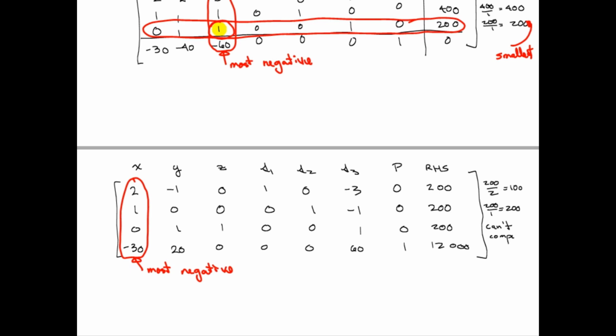I have a 0 in my pivot column, and I cannot divide by 0, of course, in any circumstance. If I had a negative there, I would not compute a quotient either. We only compute quotients for positive numbers in the pivot column. So now we need to figure out which of these is smallest. Looks like this one.